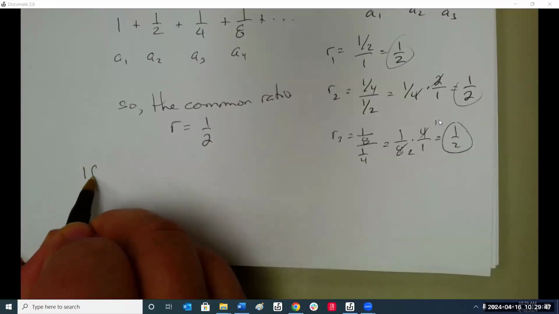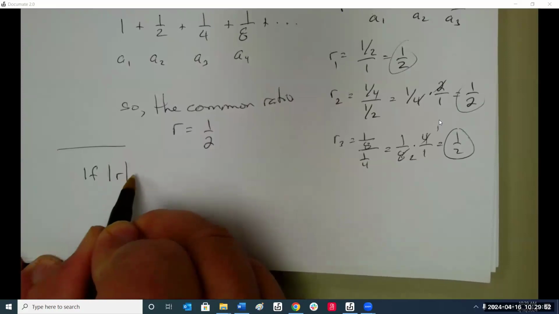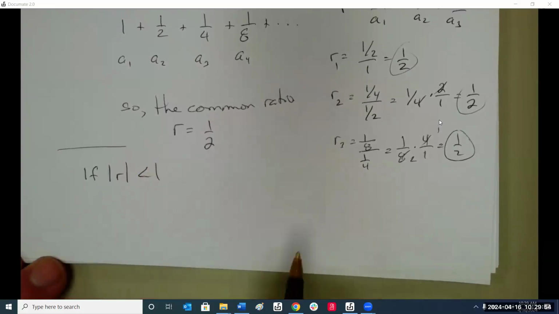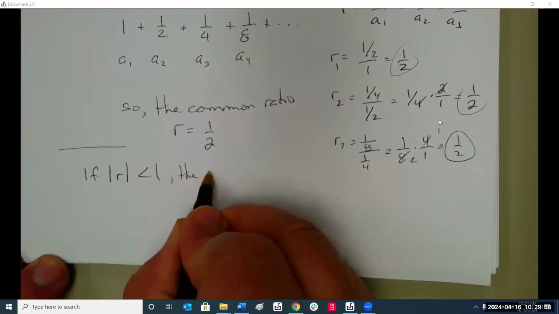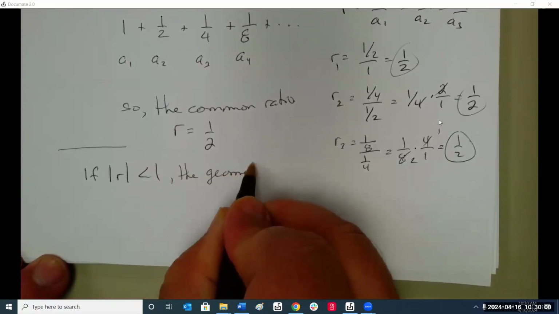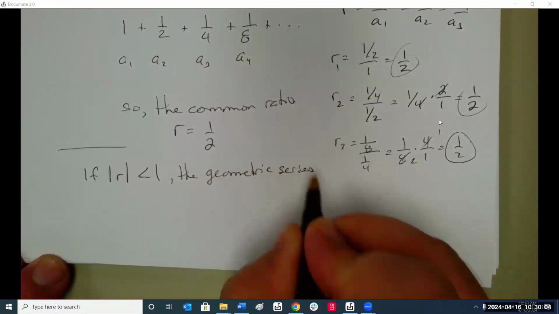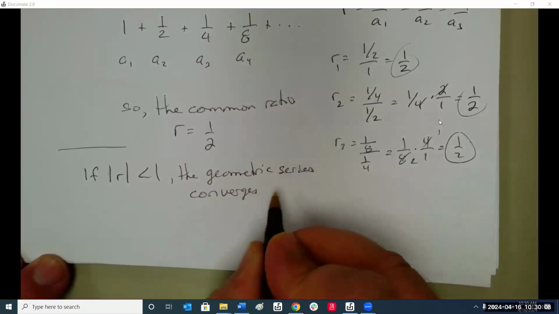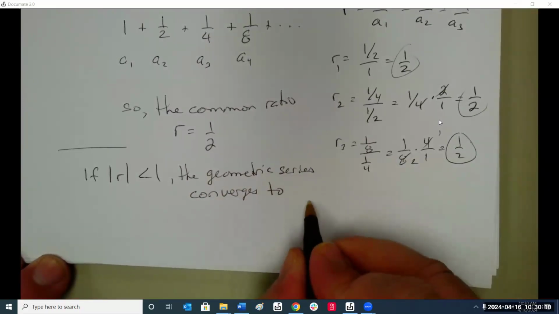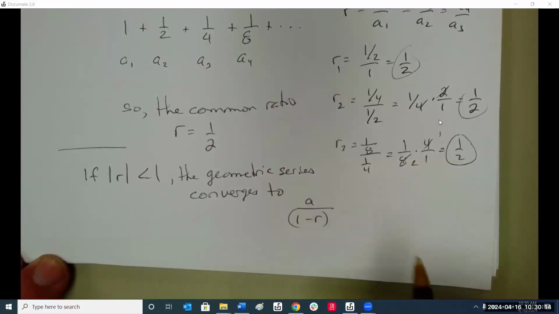So if the absolute value of the common ratio is less than 1, the geometric series converges to a over 1 minus r.